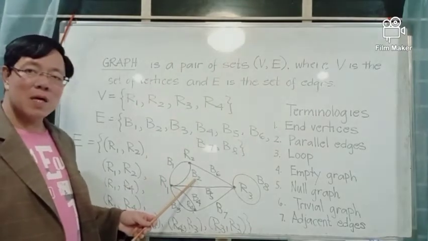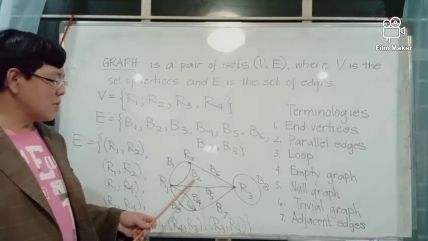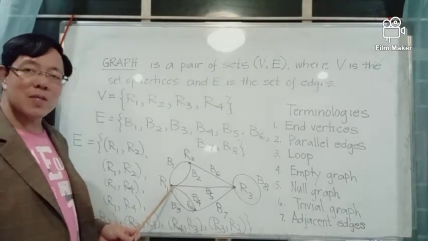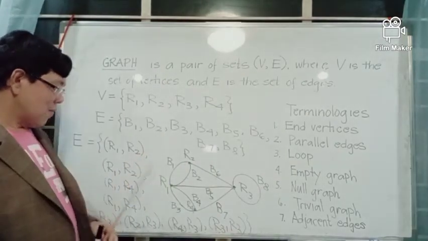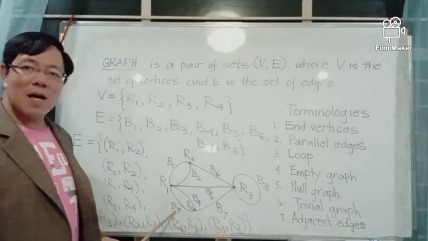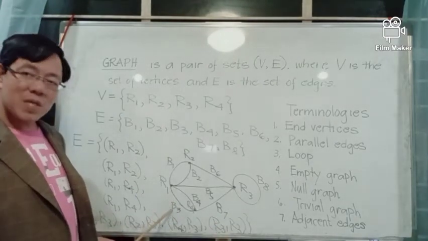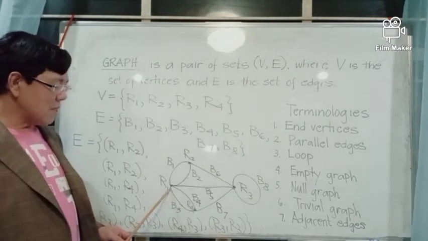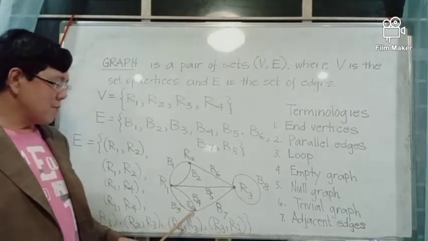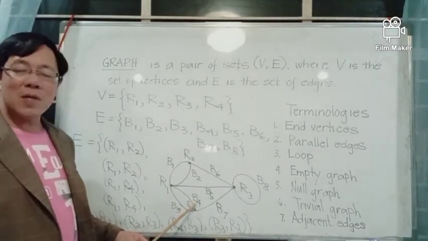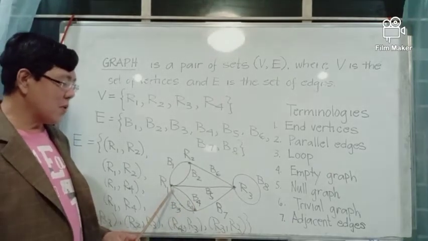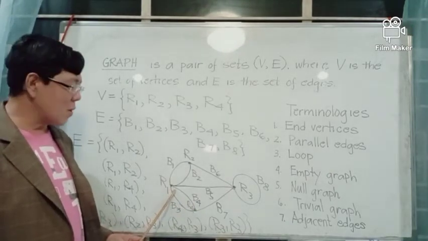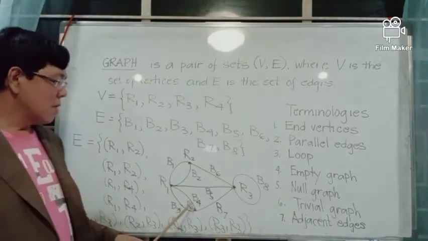For B2, the end vertices are also R1 and R2. For the edge B3, the end vertices are R1 and R4. Similarly, for edge B4, the end vertices are R1 and R4.